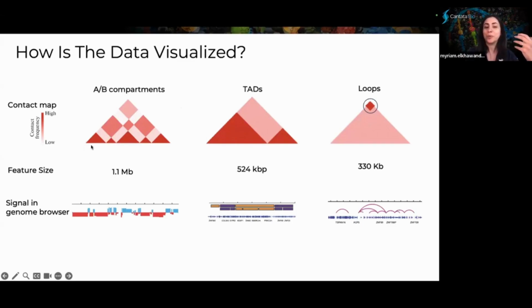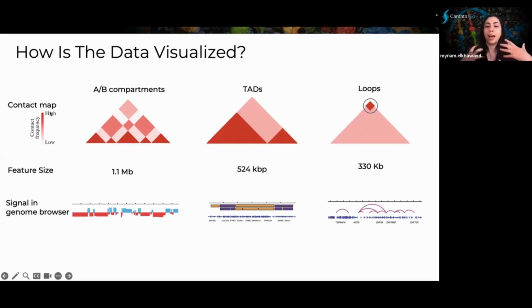To put it in other terms, this domain and this domain don't interact much with each other, so they don't belong to the same compartment. In contrast, this domain and this domain interact more with each other. You see the interactions through the intensity of the color. That's how you read a contact map.